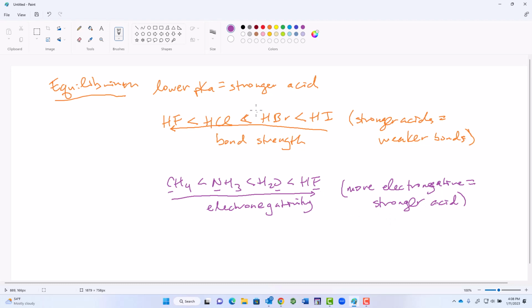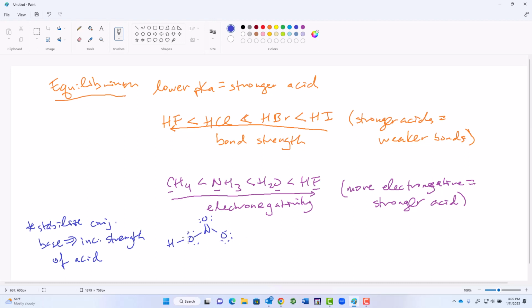The other factor in determining the strength of an acid, and this is a star, is that if you can stabilize the conjugate base, you're going to increase the strength of the acid. So let's look at HNO3, nitric acid. I'll draw on the electrons here.